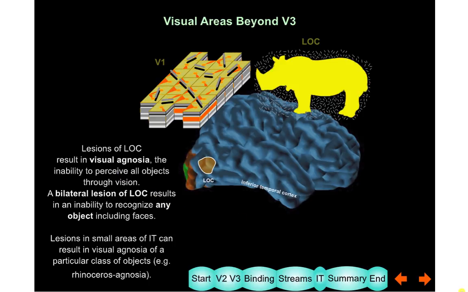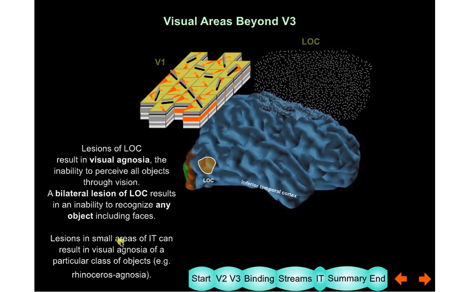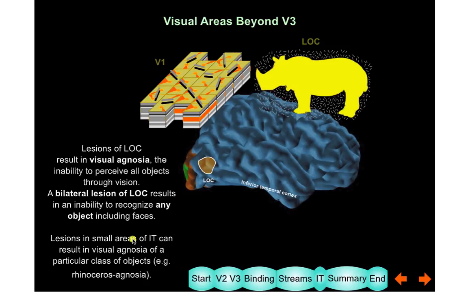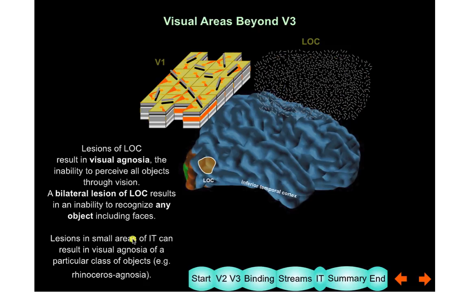Now, lesions in IT then start causing loss of particular objects, not just all objects, but particular objects. Like you can have an area that causes you inability to recognize rhinoceroses.